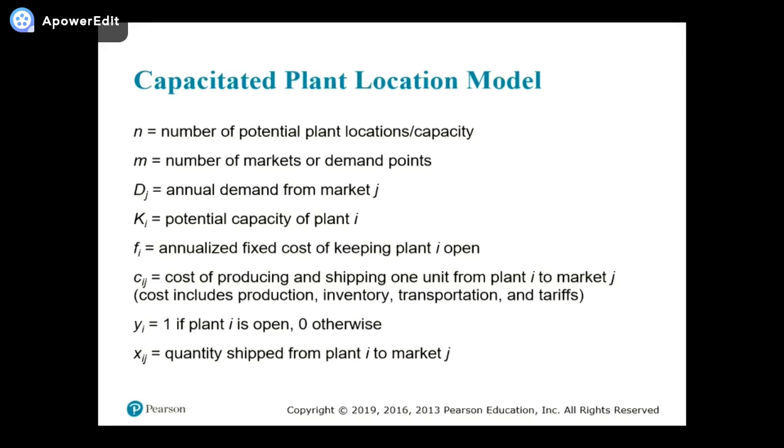Then what we're going to do next is to formulate this problem as an optimization problem. To do that, let's first establish some notations. Let's say n is the number of potential locations.